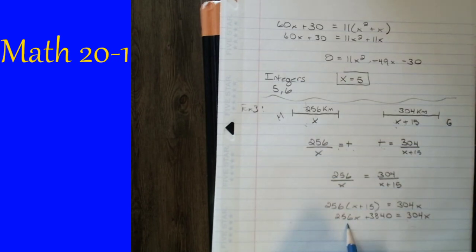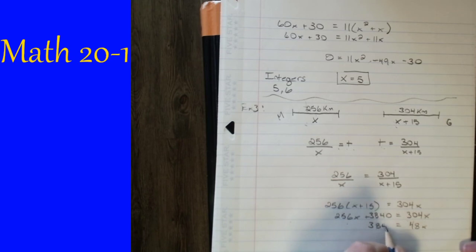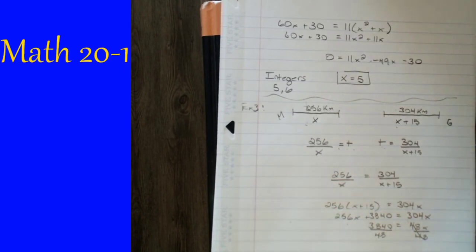So I'm going to subtract 256x from both sides. So 304 subtract 256. That's 48x is equal to 3,840. Divide both sides by 48. And I get x is equal to 80.